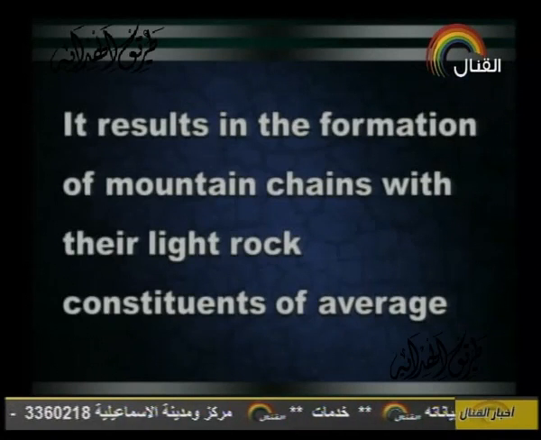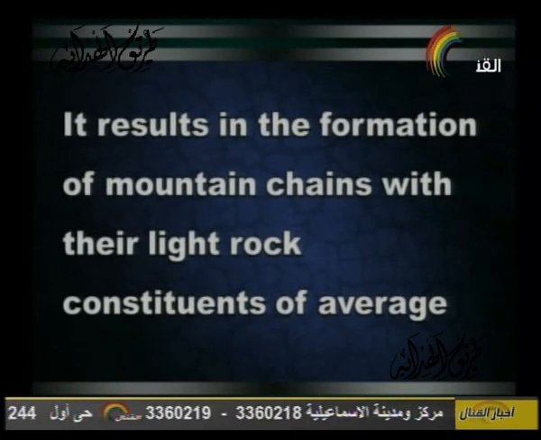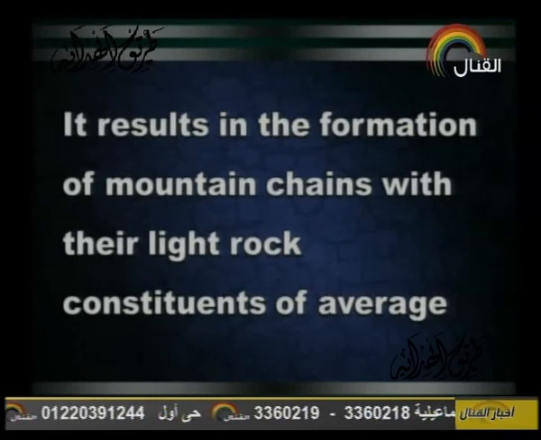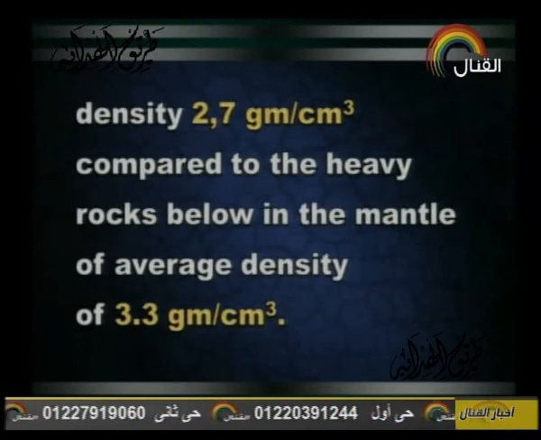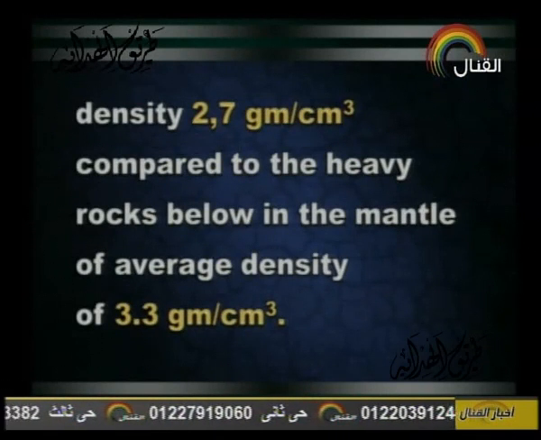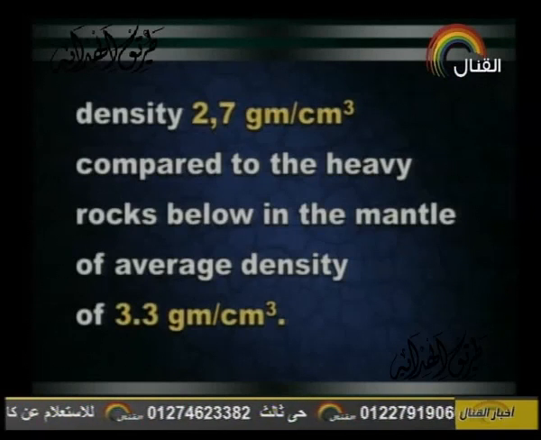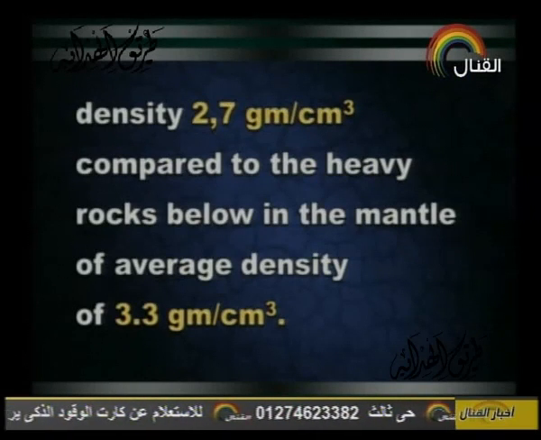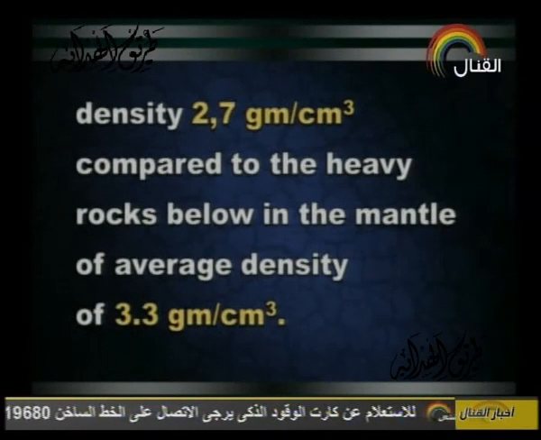It results in the formation of mountain chains with their light rock constituents of average density 2.7 grams per cubic centimeter, compared to the heavy rocks below in the mantle, of an average density of 3.3 grams per cubic centimeter.